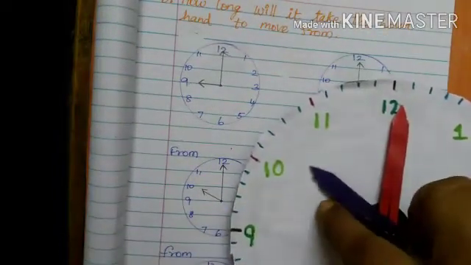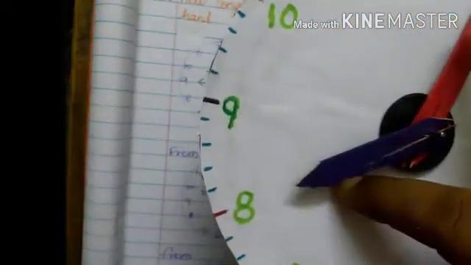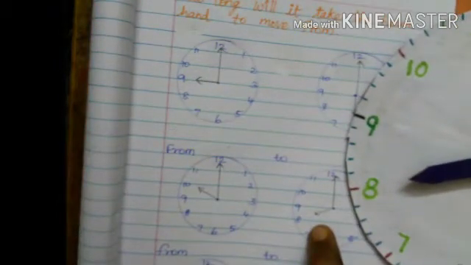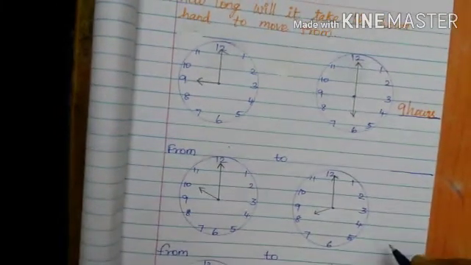Then you move: 1, 2, 3, 4, 5, 6, 7, 8, 9, 10. So here it shows 8 o'clock. So how many hours? 10 hours. It takes 10 hours.